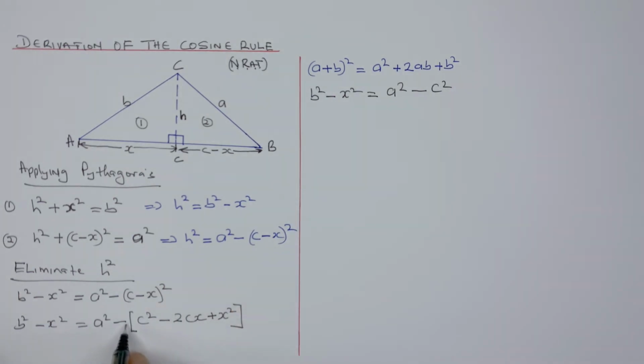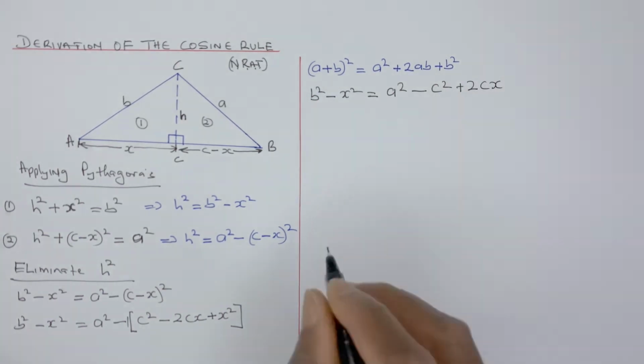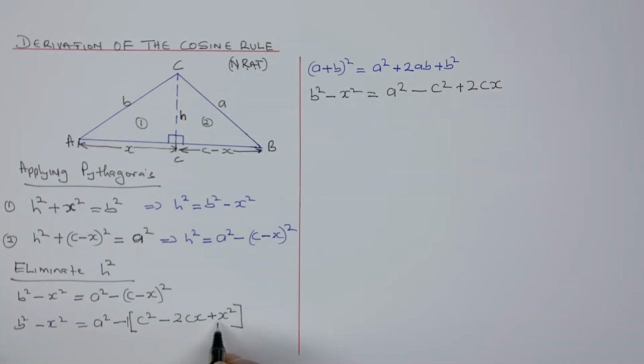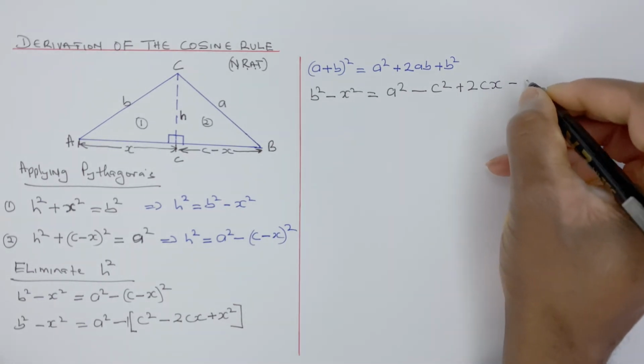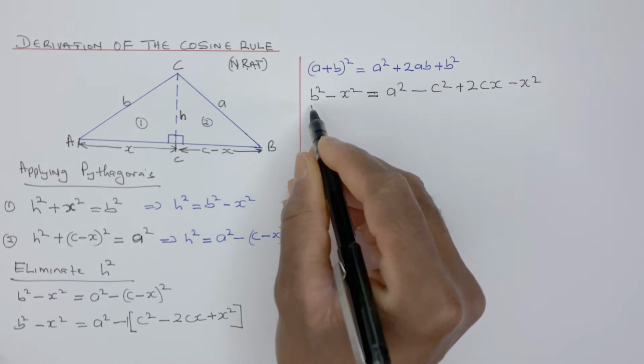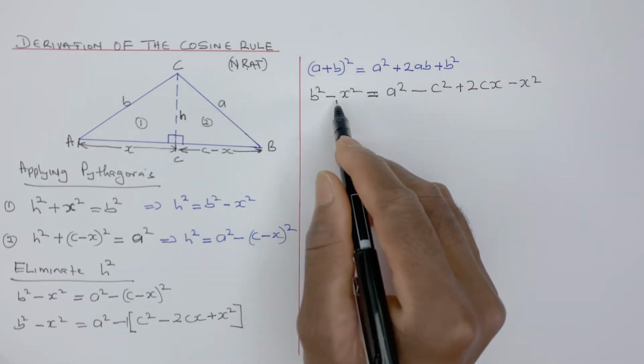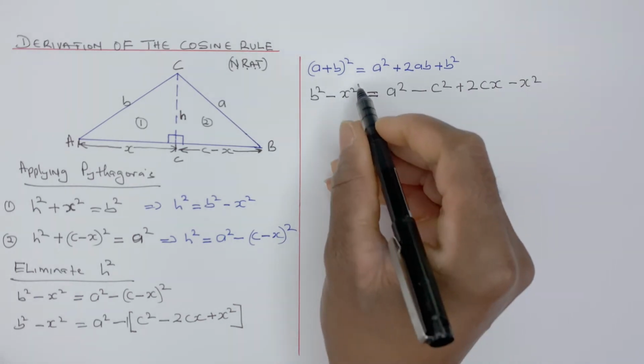Minus 1 times minus 2cx is plus 2cx. Minus 1 times x squared is minus x squared. You can see the equal sign between left-hand side and right-hand side. If I add x squared to both sides, that disappears.